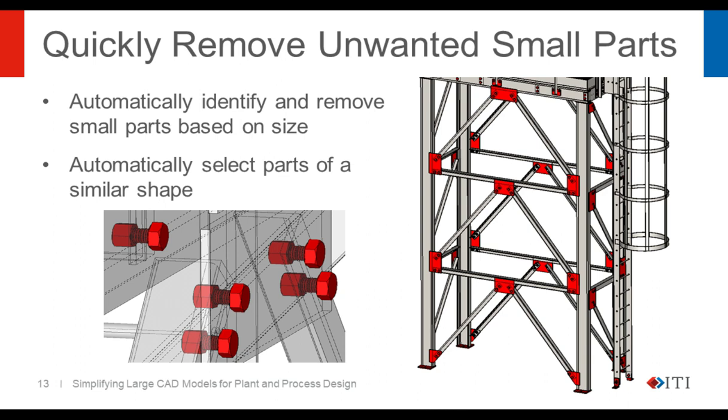There's also a facility, if we bring in the product structure and those parts are labeled with text entities such as bolt, nut, ANSI, M8, M9, to quickly search through the product structure, identify everything with the same name and delete them with one click. So small part removal is quick, easy, and very effective in reducing file size.